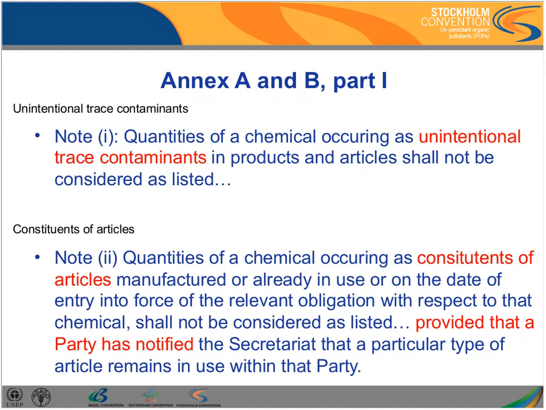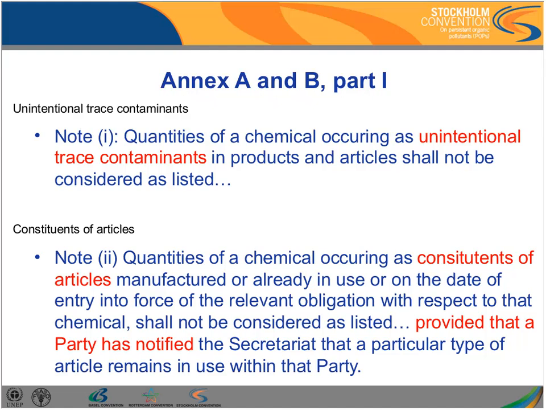Another is constituents of articles. This is in Note 2, which says quantities of chemical occurring as constituents of articles manufactured or already in use on the date of entry into force of the relevant obligation with respect to that chemical shall not be considered as listed.